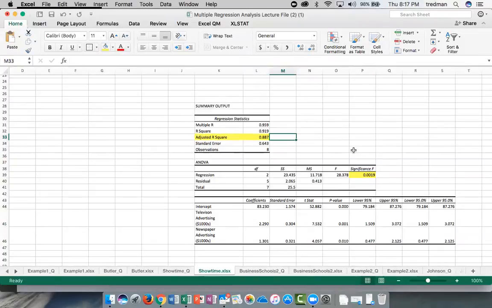The general rule that I use is if the R-squared or adjusted R-squared is greater than 0.65, then a strong linear relationship exists. So I'll just type in there, since adjusted R-squared is greater than 0.65, strong linear relationship indicated.